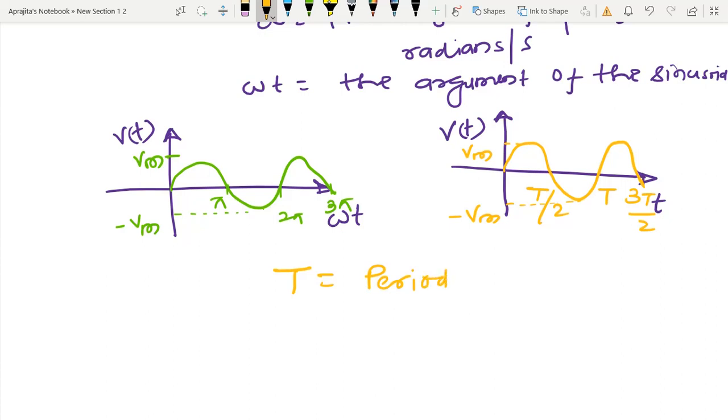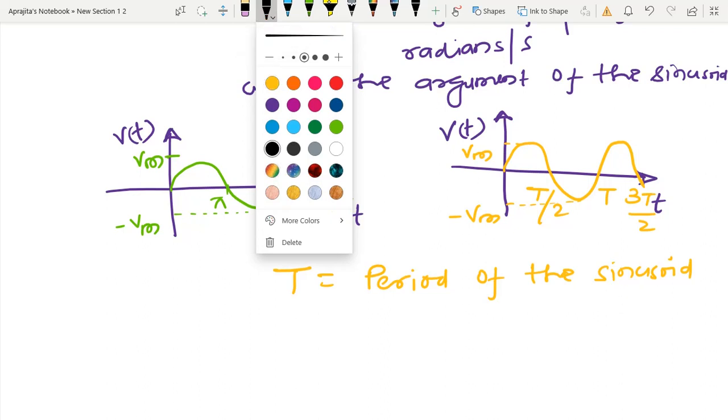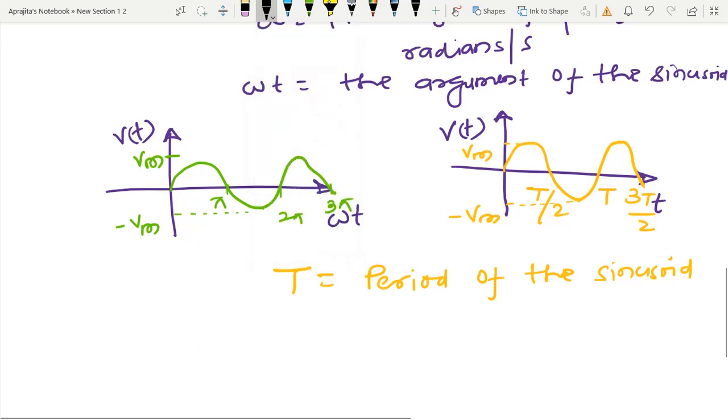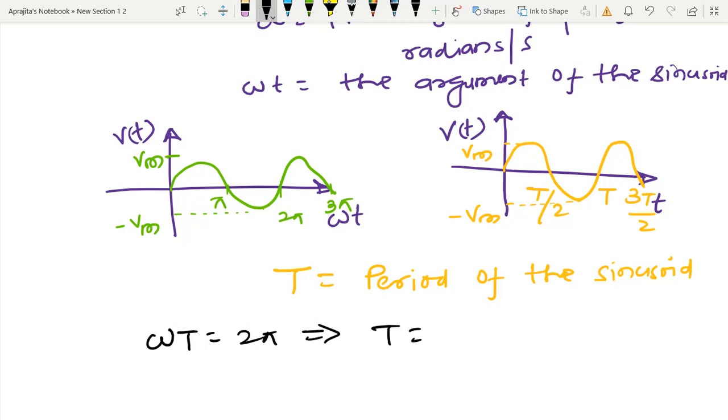And from the plot one can also write one relation, that is omega T equal to 2 pi, which further implies T is nothing but 2 pi by omega.